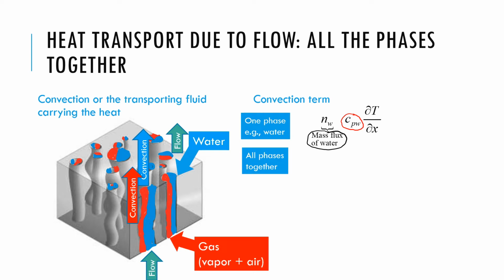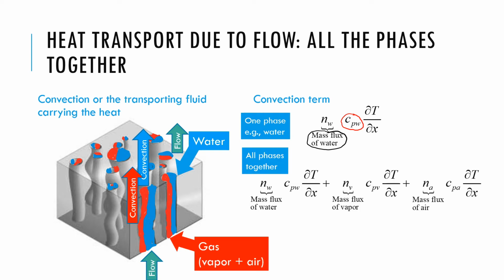So it will be all the energy carried by water, energy carried by vapor, and energy carried by the air. And so each one has their mass flux. Each one has its mass flux multiplied by the specific heat of that phase. So in this case vapor, and in this case air.